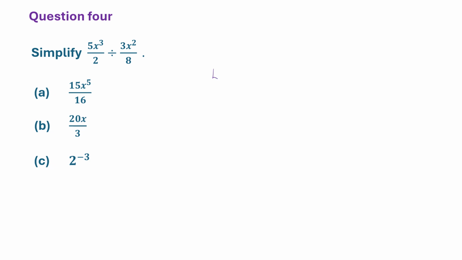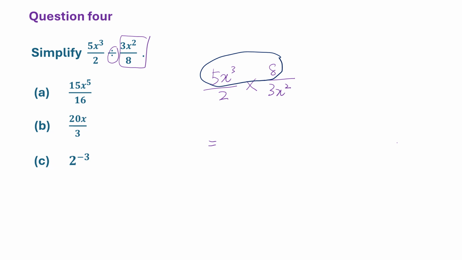Let's do it. 5x cubed over 2. First of all, we need to change the division sign to multiplication. And the next thing is to flip the second fraction to be 8 over 3x squared. We're going to multiply the numerator to get 40x cubed. Multiply the denominator to get 6x squared.